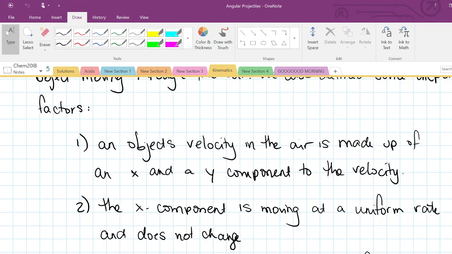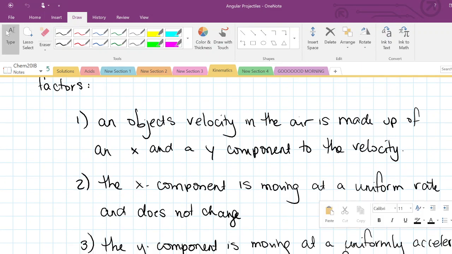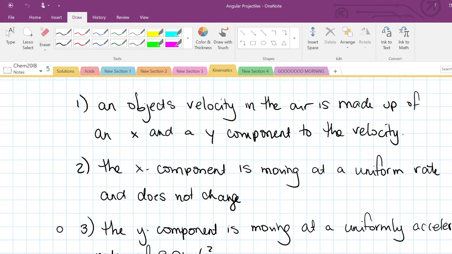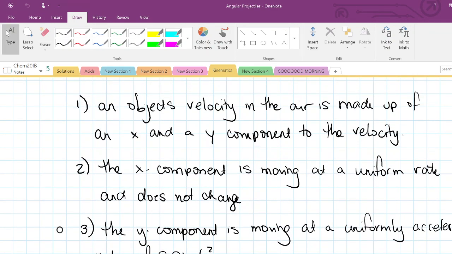We said that the object's velocity in the air is made up of the x and the y component. So it doesn't have an official velocity that we would record the object moving at, but that velocity can be broken into an x and a y component. The x component, we said, is moving at a uniform rate, so acceleration is 0 in the x direction, and the velocity does not change.